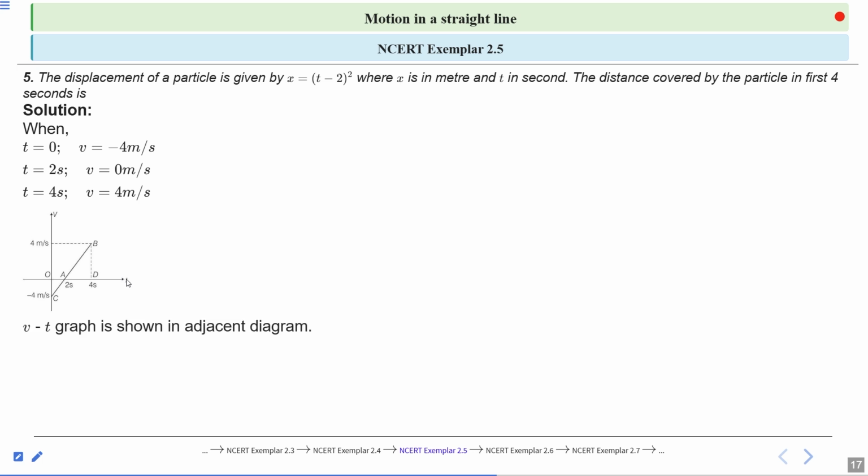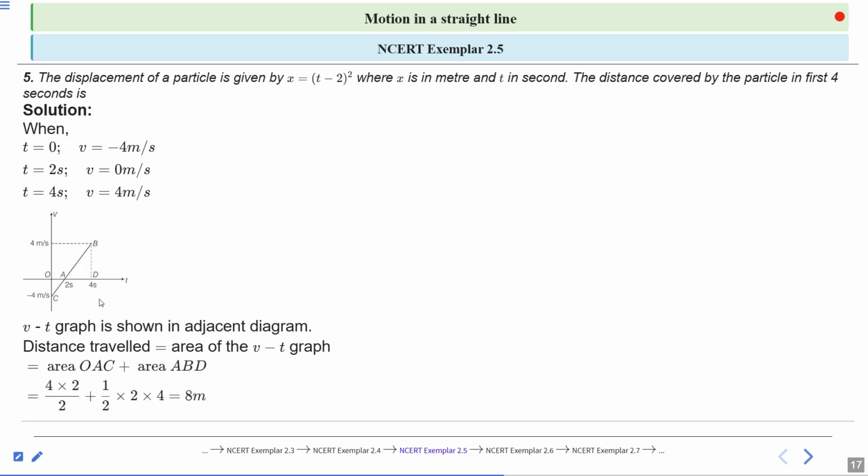To calculate the distance covered by the particle in the first 4 seconds, we use the v-t graph. Distance traveled is equal to the area under the v-t graph. There are two areas, OAC and ADB, both triangles. The formula for the area of a triangle is half × base × height.